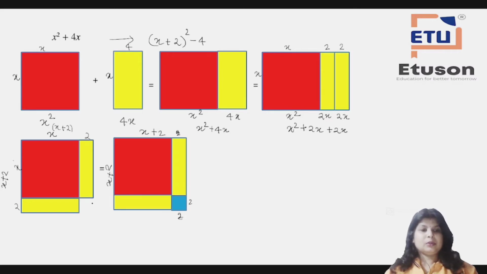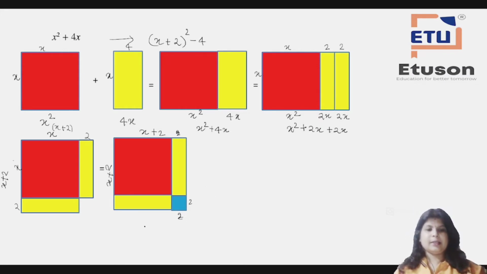So the expression remains unchanged only when you subtract this small square from this entire square. Correct or not? So now this square I can write down as what? x plus 2 whole square. And remember what we need to do? We have to subtract this blue color square of side 2 and 2. Correct or not? So this part you have to subtract.